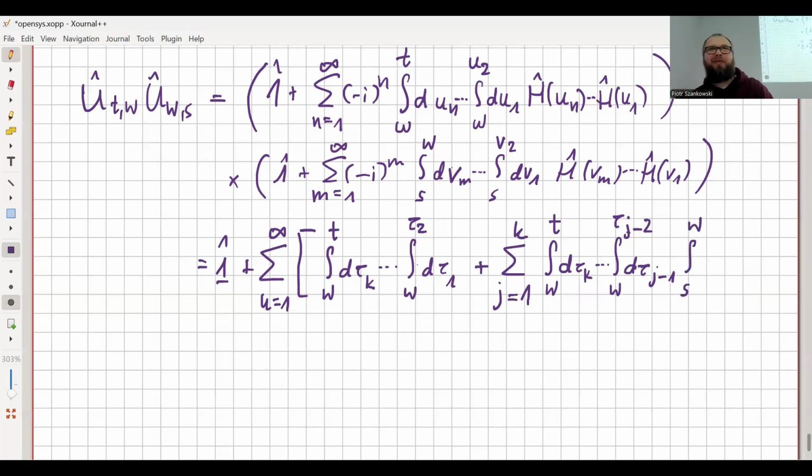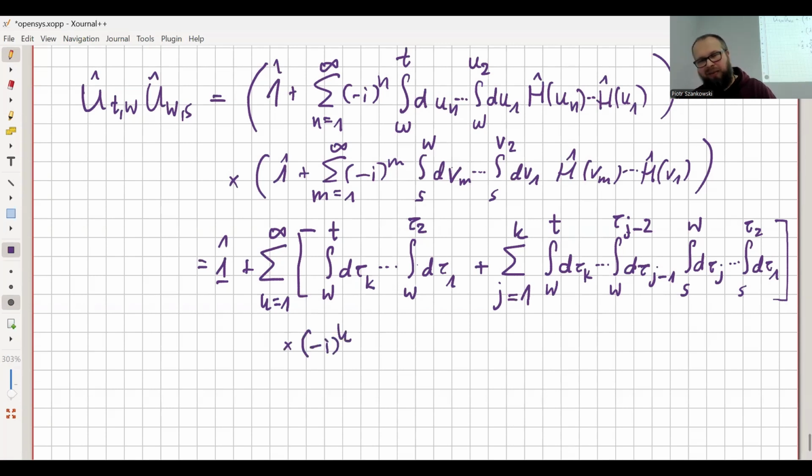So this is what comes from the right guy. And we just have to enumerate taus accordingly. S tau_2, d tau_1. So these are integrals. Sums, I can close the parentheses, and there are operators, of course.